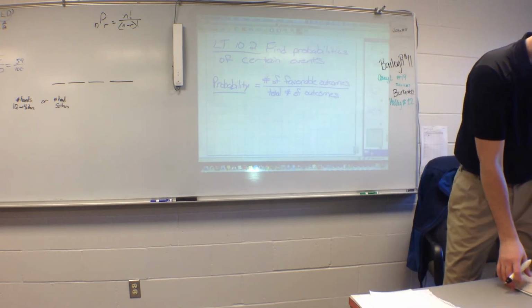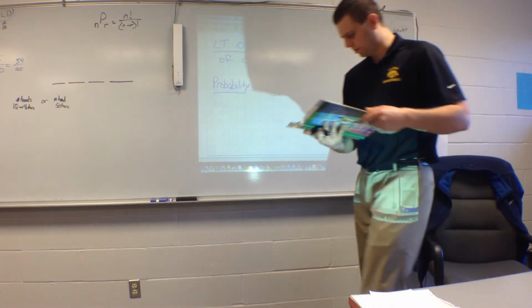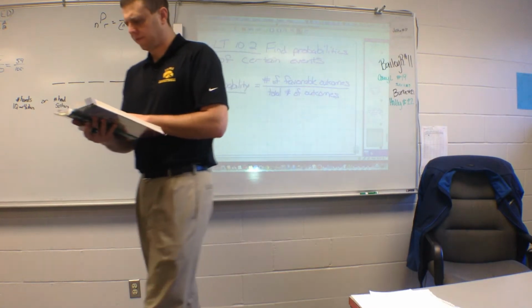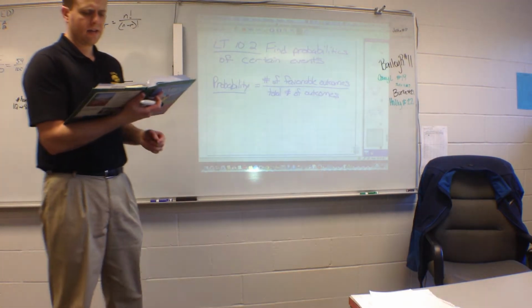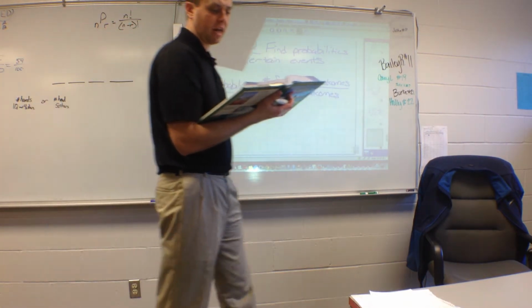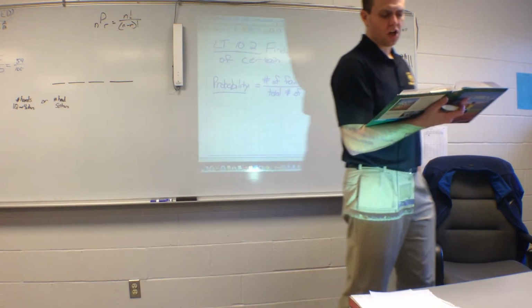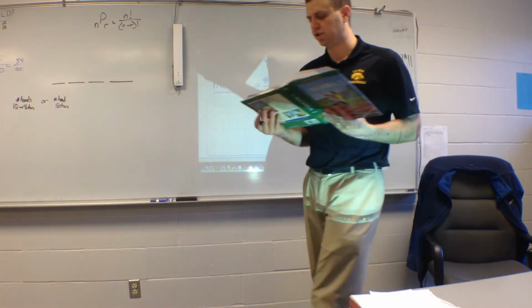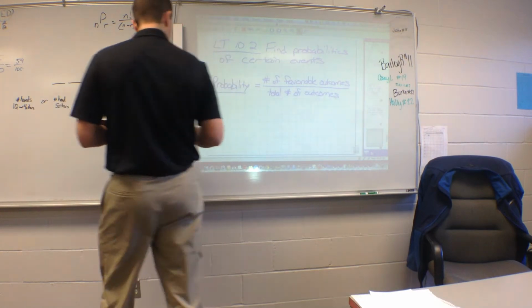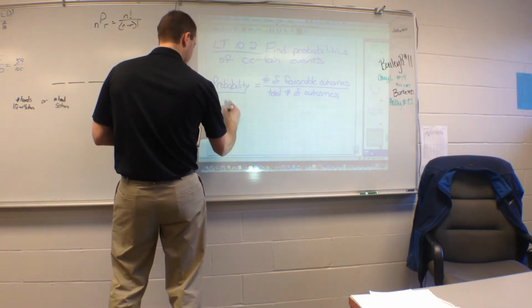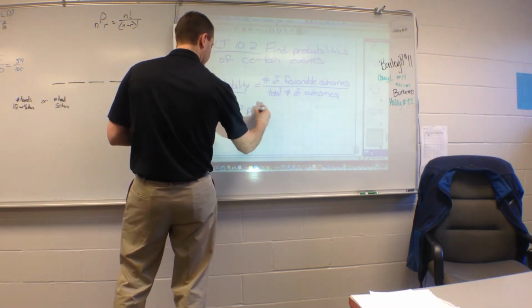I like example number 2 on page 699 if you want to follow along. It says a community center hosts a talent contest for local musicians. On a given evening, 7 musicians are scheduled to perform.